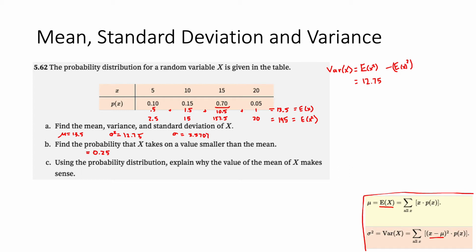If we look at what went into making our mean, most of the value came from this entry. 15 times 0.7 is by far the largest value, so that's going to dominate our mean. 20 appears very infrequently, so it's actually contributing less to the mean than 10 is. All right. With that, let's move on.